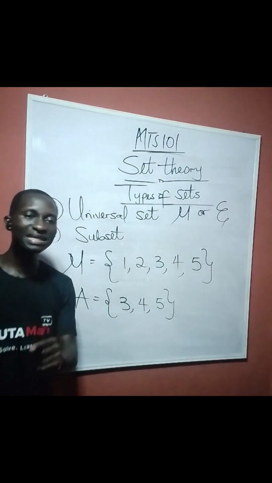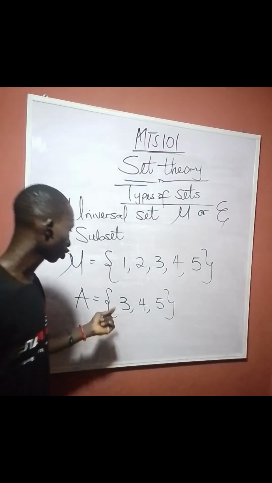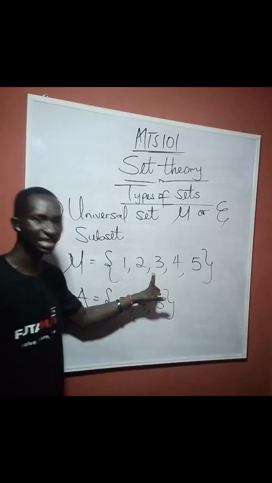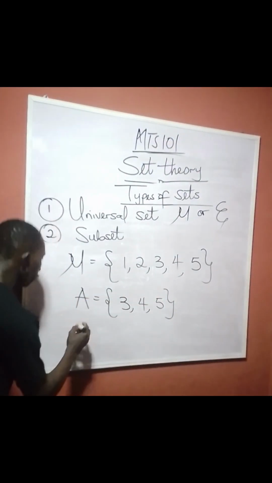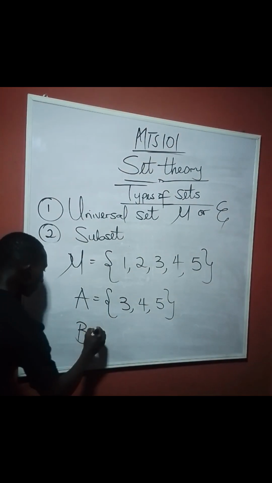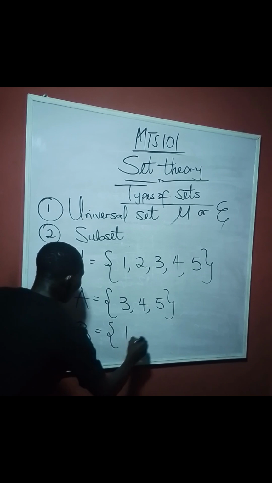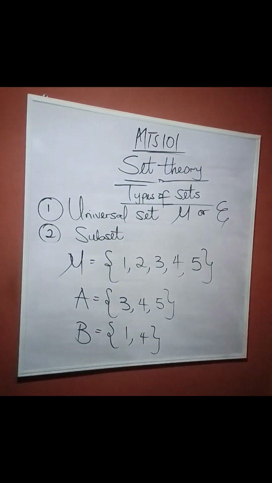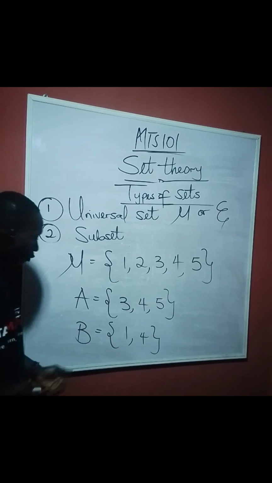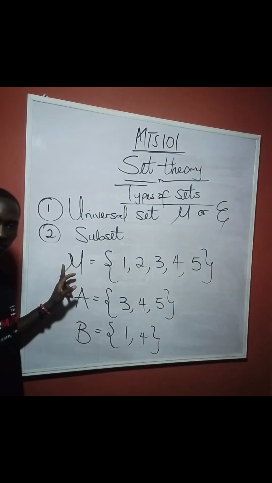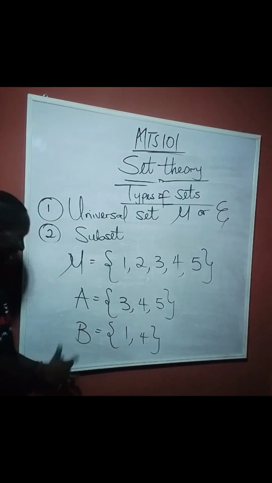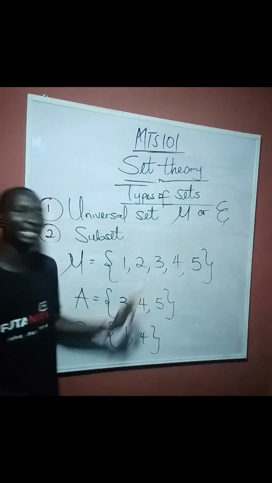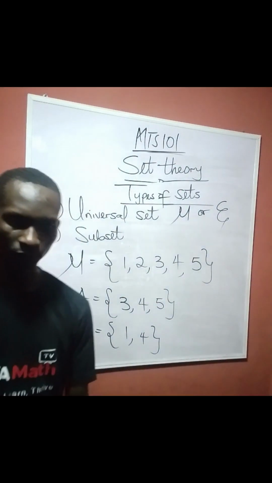That means that all elements that belong to the subset are contained in the universal set. We can also have a subset from this, we call it B, which will be 1 and 4. Why is B a subset of the universal set? Because 1 and 4, which are the elements of B, are contained in the universal set.